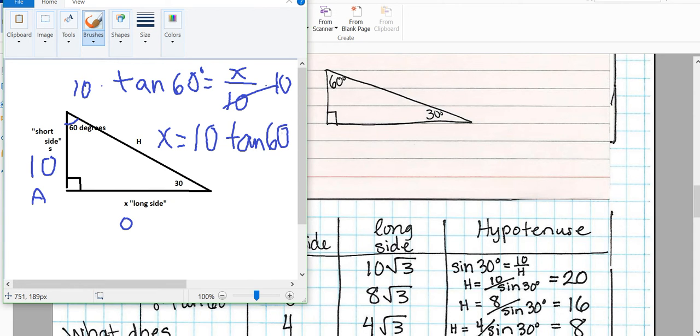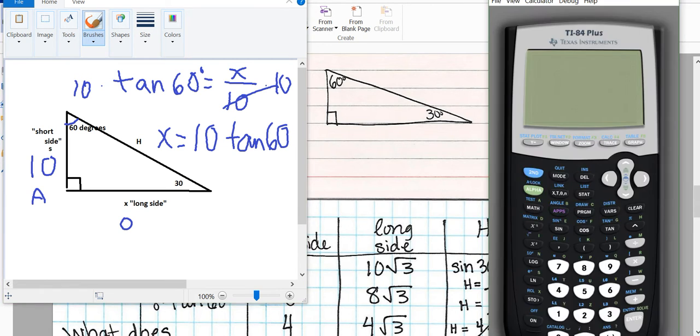Now, there's something cool here, and I want to take a look at it on the calculator. So let me grab my Wabbit Emu calculator, and if you have your calculator with you too, you can type this in. Make sure your mode is on degrees, and then let's take a look at what tangent of 60 equals.